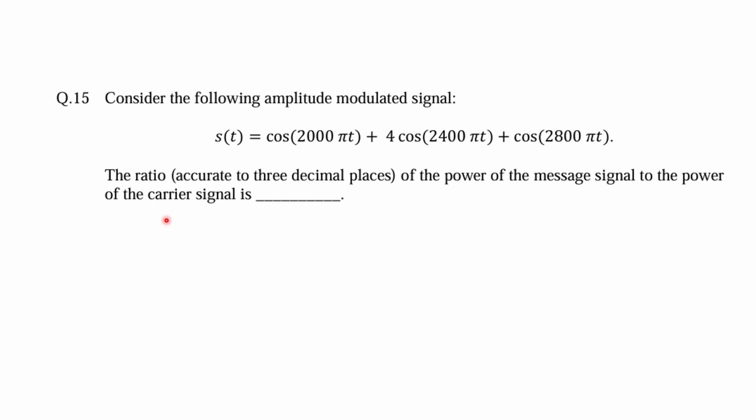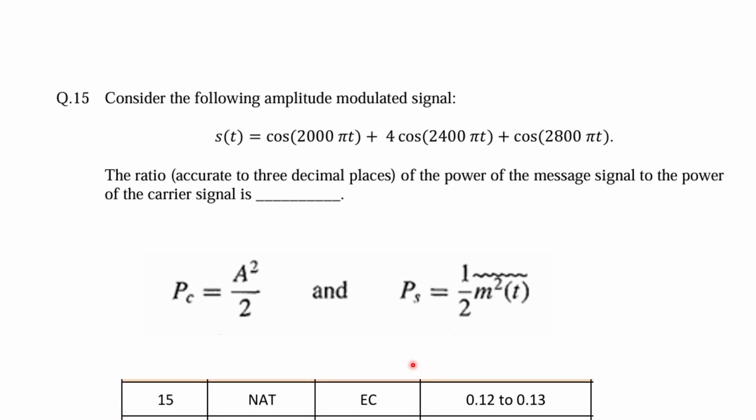How can we find it out? We can use the equation power equals amplitude square by 2, and for the power in the message signal we can use m square t by 2. With the help of this equation we can find it. The answer should lie in the range of 0.12 to 0.13.